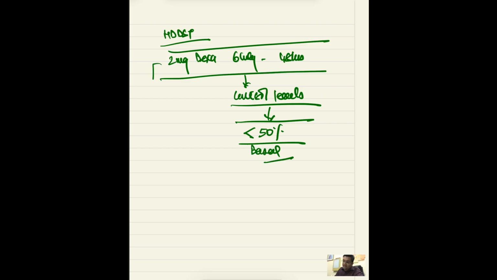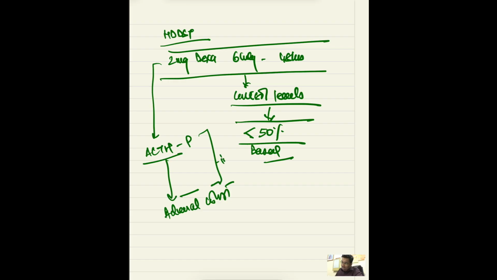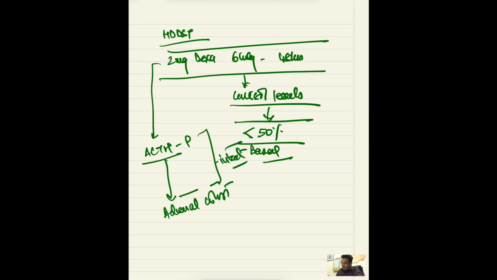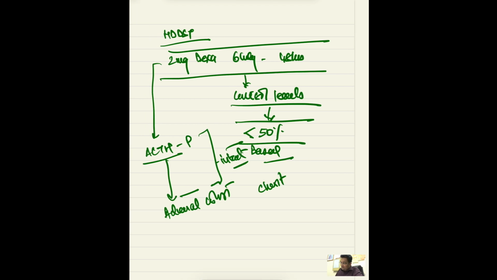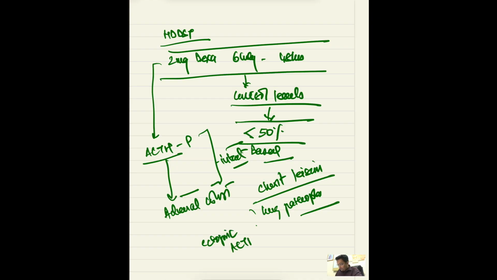This works when the ACTH excess from the pituitary is causing the adrenal release of cortisol, which happens when this axis is intact. But as we see in this question, they have a chest lesion, a lung pathology. So it is an ectopic ACTH producing Cushing's syndrome.